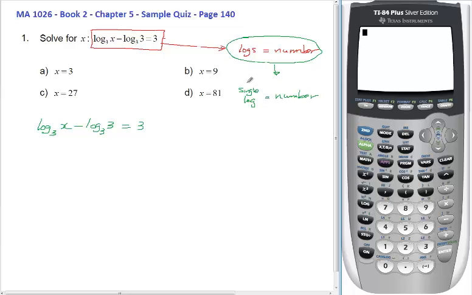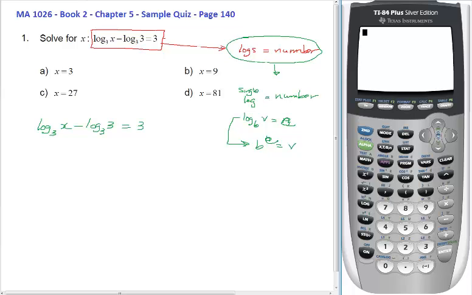Then once you get a single log equals a number, you can switch it back to exponential form. So we want log base b of some value equals a number, and then we switch to exponential form: base to the number equals a value, or exponent. Some people call this e for exponent. It's up to you.